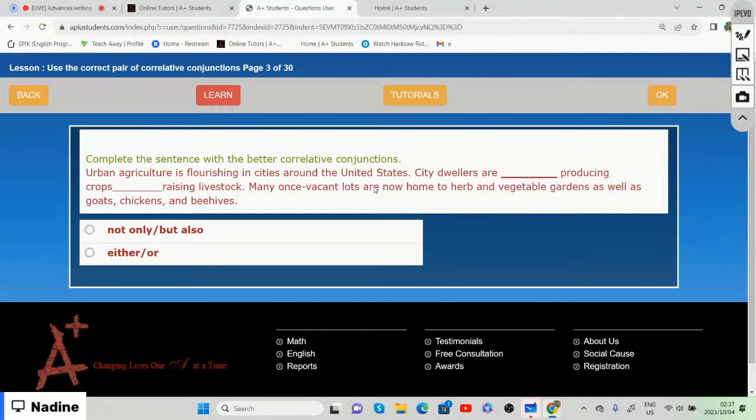City dwellers are, do we say, not only producing crops, but also raising livestock, right? And many once vacant lots are now home to herb and vegetable gardens as well as a goat, a chicken, and beehives.